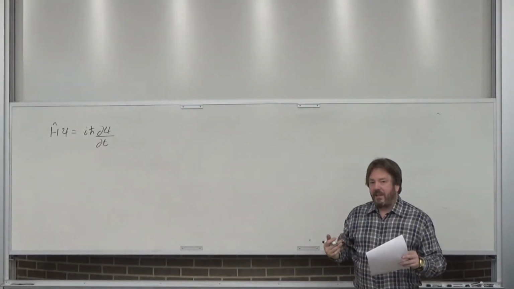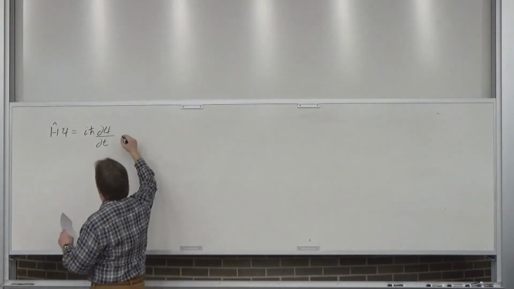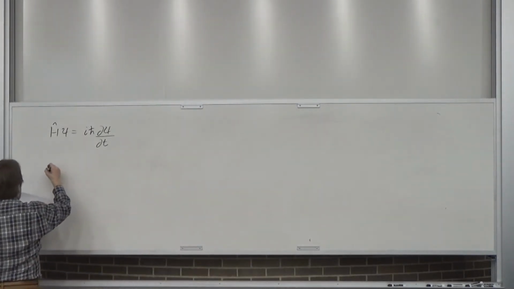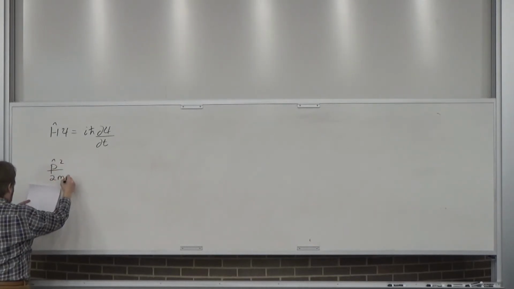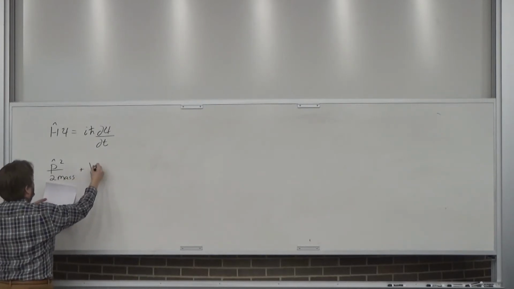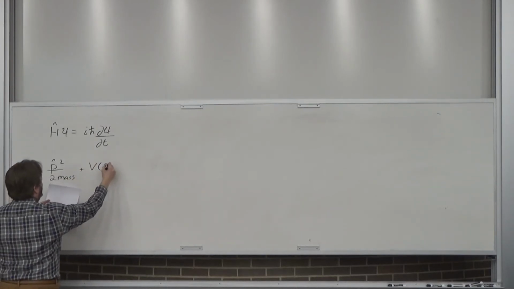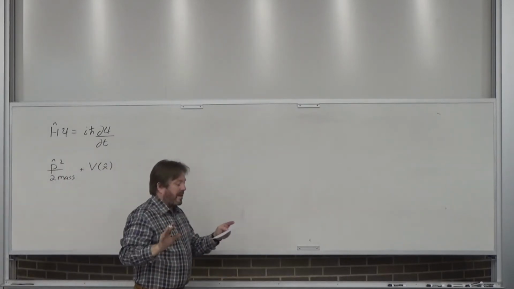Now, this obviously looks hideously different than everything we've been doing. And everything we've been doing, of course, has been Hamiltonian, of course, is the momentum operator, p squared over 2m, sorry, mass, right? I have to say mass from now on, plus potential. Now let's say that the potential is not dependent on time.